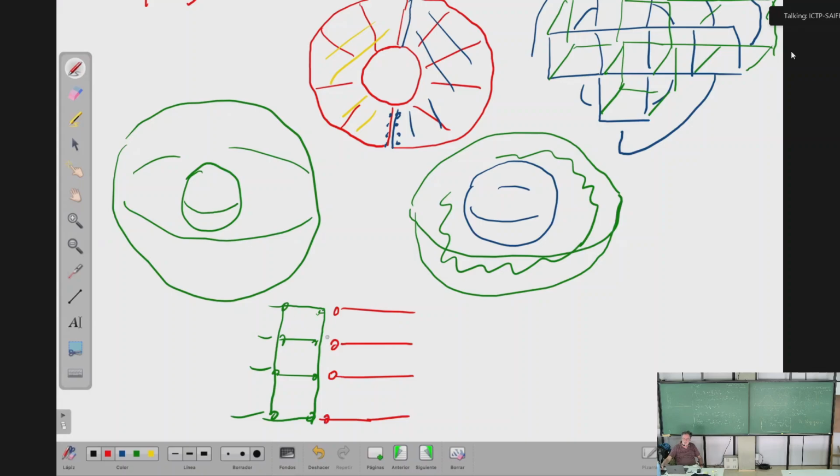These points are in the same physical space. I put them separate so that you can visualize, but they are together at the same point.